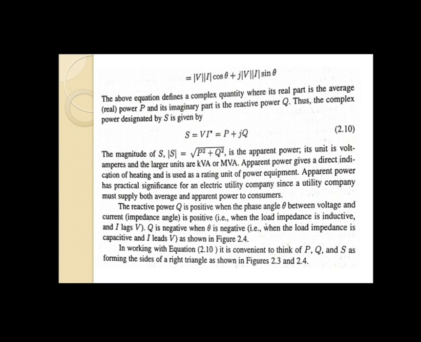Now reactive power Q is positive when the phase angle theta between voltage and current is positive, whereas Q is negative when theta is negative, which we have already seen in the figure.